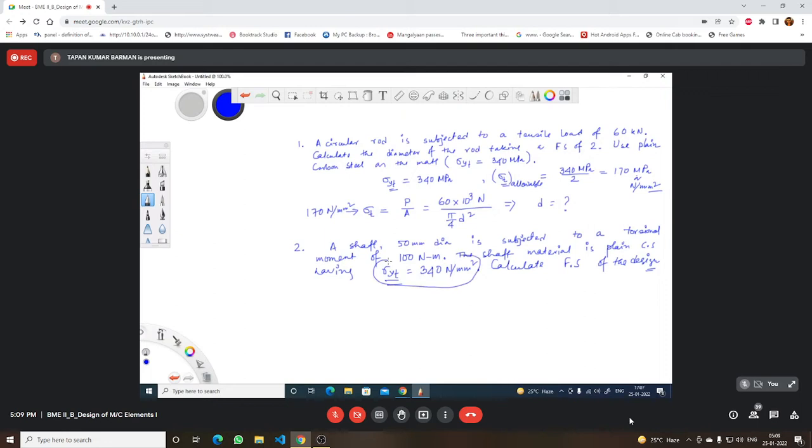So we should have the information of sigma SY, that is basically the shear stress at yield point.